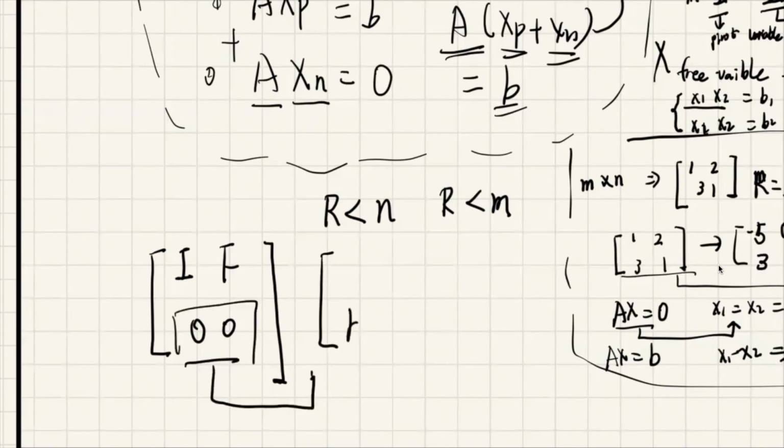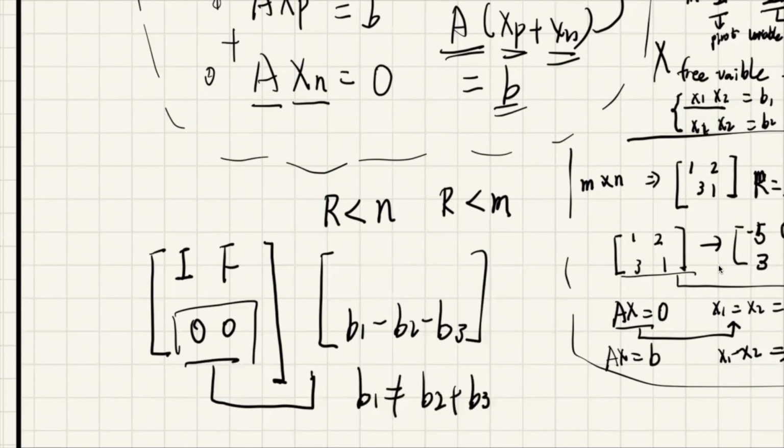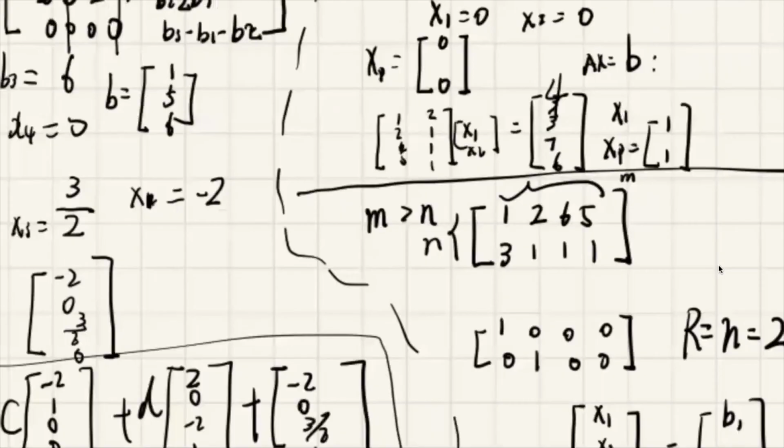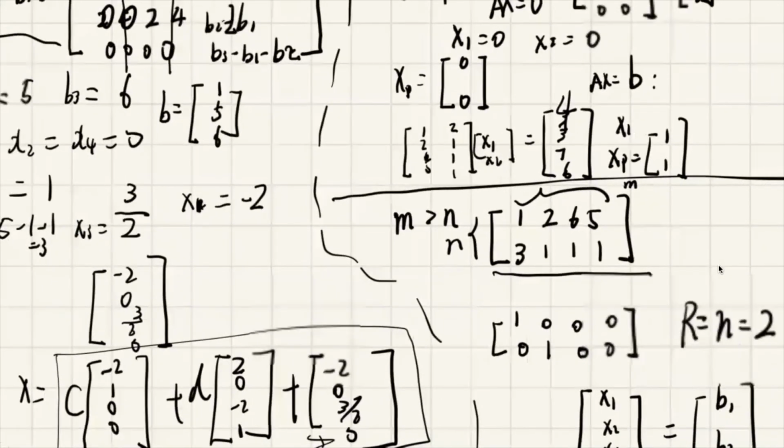For instance, if we see b1 minus b2 minus b3, and b1 is not equal to b2 plus b3, then there definitely will be no solutions, right? But if it satisfies the condition, b1 equals b2 plus b3, then it is like what we discussed here, and it will have infinite solutions.